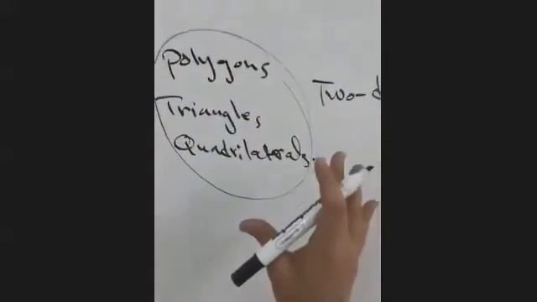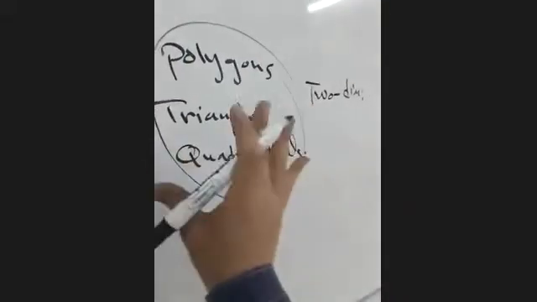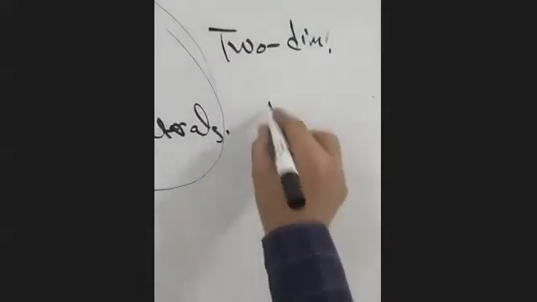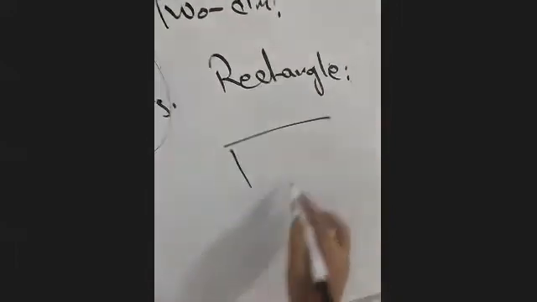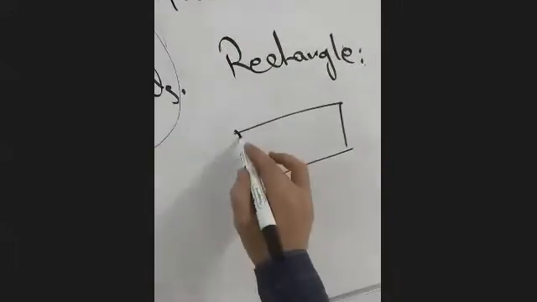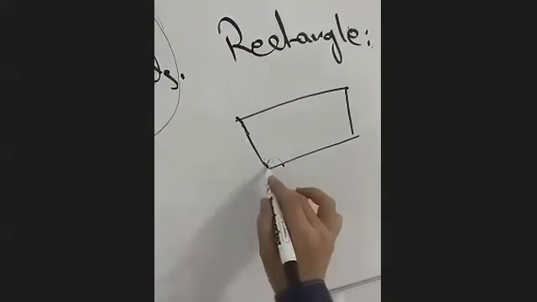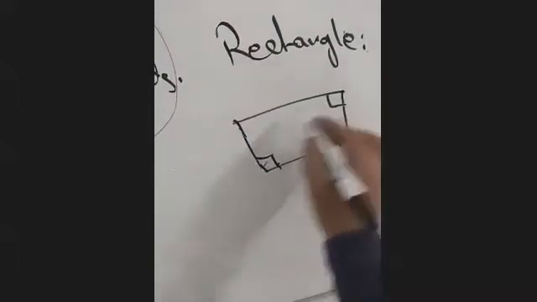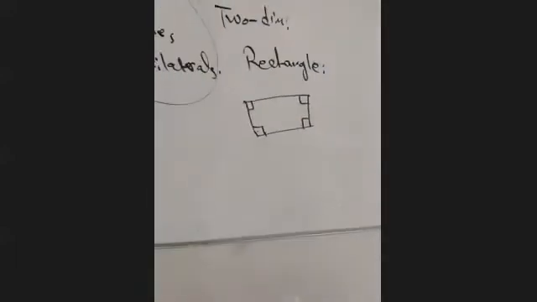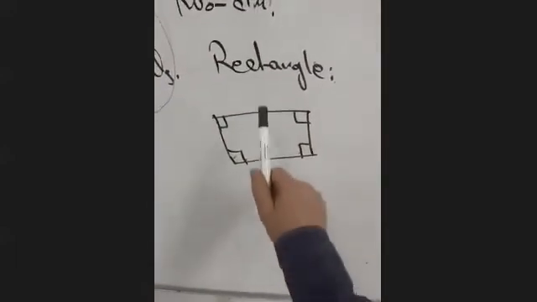To understand it very well, let's take one example from the polygons, like the rectangle. We know the rectangle, right? Yesterday, we said that the rectangle is a parallelogram with four right angles, and each opposite sides parallel and congruent.